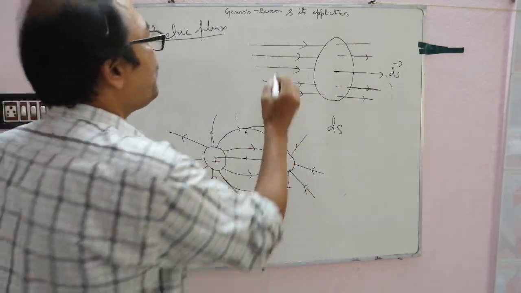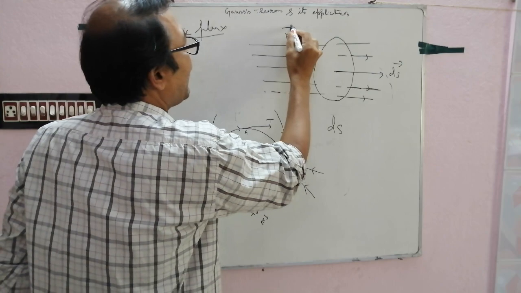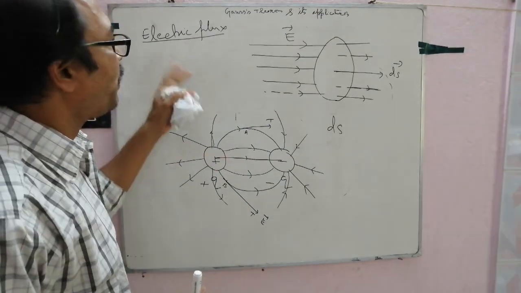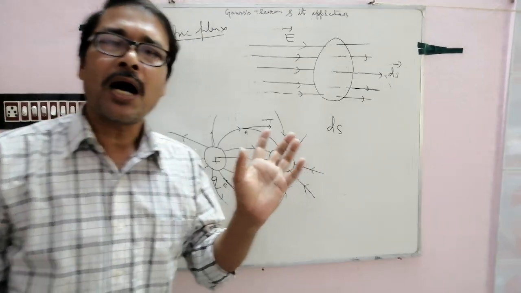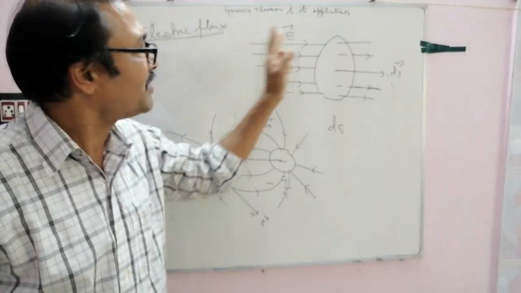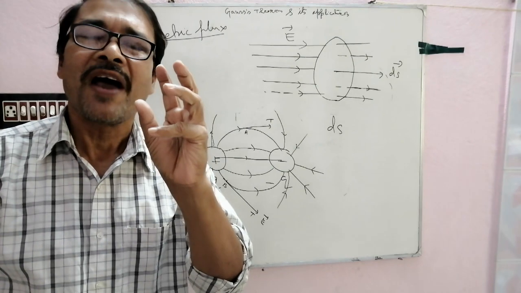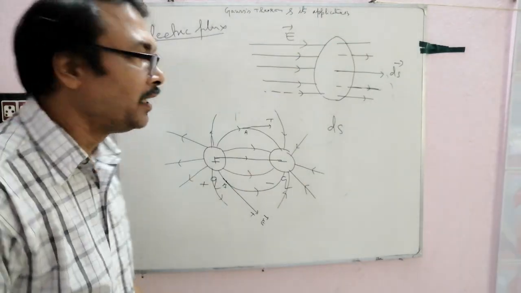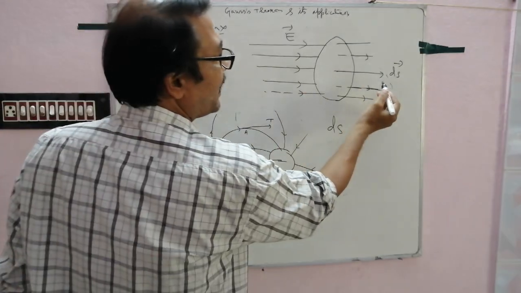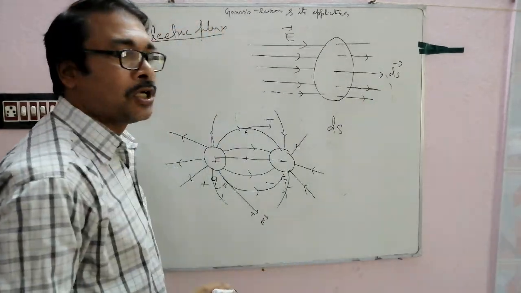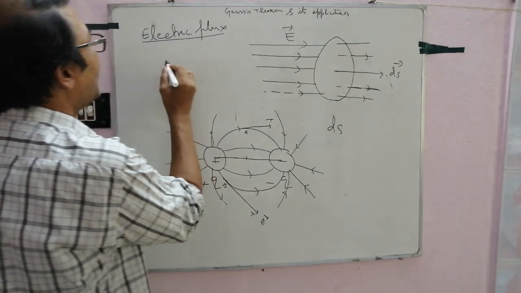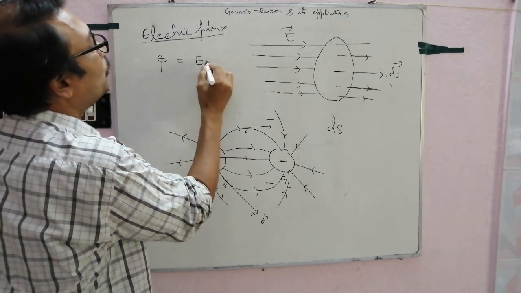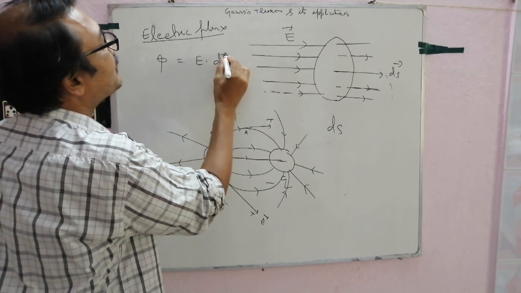So, if E is the electric field and dS is the area, then what is flux? The total number of electric field lines passing normally through an area is called the flux linked with that area. Now, the direction of E and dS is the same, so here flux phi equals E dot dS.